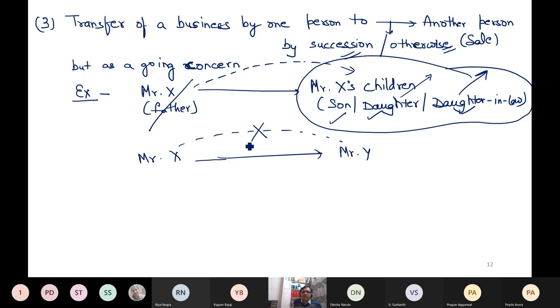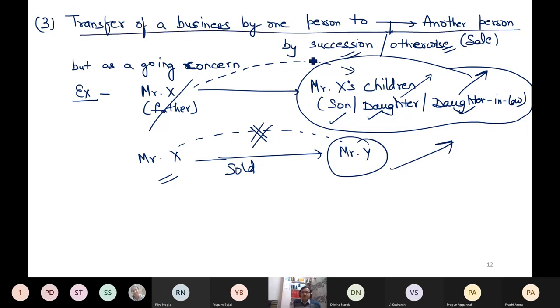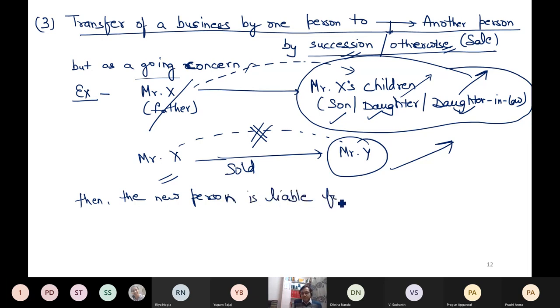They don't have any family relationship, but the business is sold. So by default, this new person becomes liable. So transfer of a business from one person to another by succession or otherwise a sale, but as a going concern, then the new person is legally liable for registration. If the new person doesn't register, then there will be penalty and prosecution as per the provisions of law.